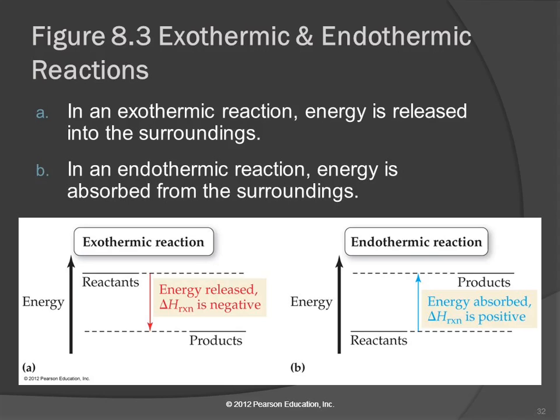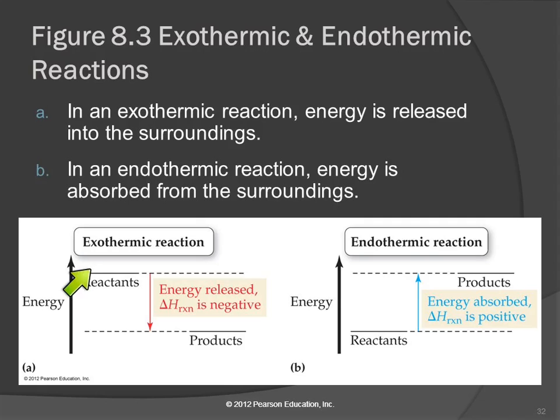So when we have an exothermic reaction, energy is released. And so we can draw these little energy diagrams. So here are the reactants. And they are higher in energy than the products. And we've talked about conservation of energy, right? Energy can't just appear or disappear. It can flow from one thing to another. It can be transformed, but it can't just disappear.